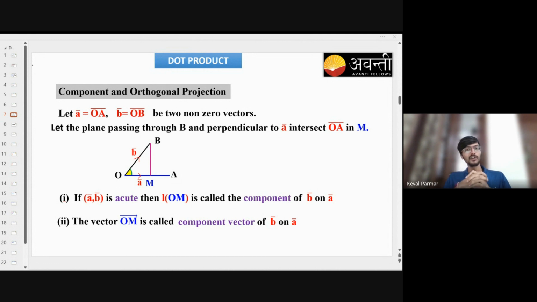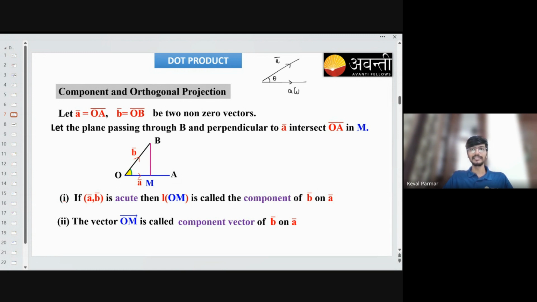So, what is orthogonal projection or component? Now, let me tell you, these are basically how we can use dot product. We have already seen this in physics, right? Component we have seen in physics. If the vector here is a bar and this is the angle theta, what is this component?